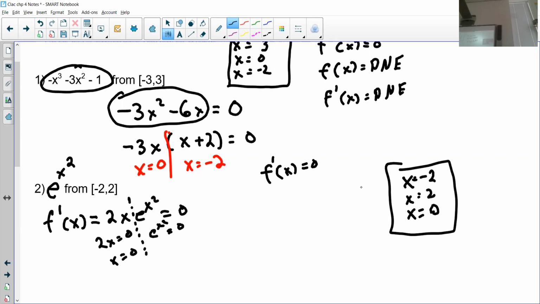And -2 and 2 are endpoints, so they get a free pass because they're just endpoints. And then 0 is chosen because it causes the derivative of e to the x squared to become 0.